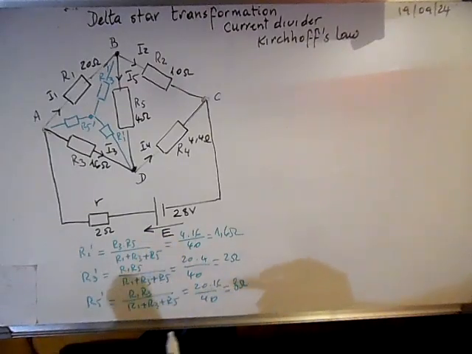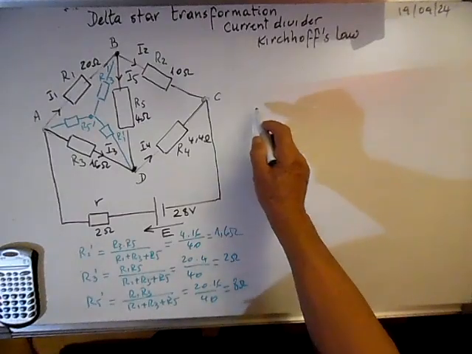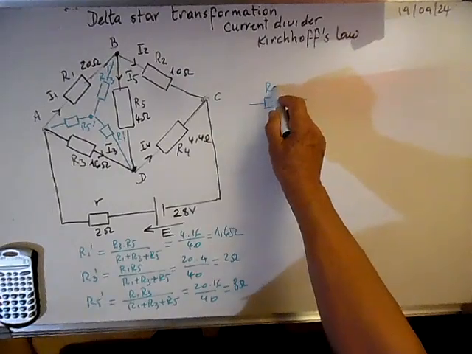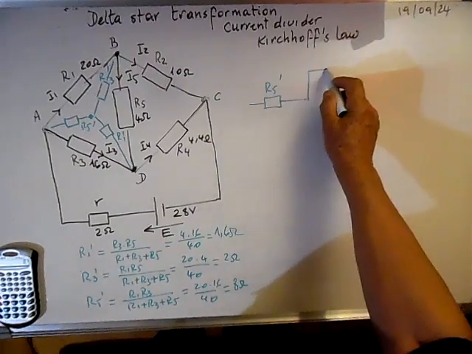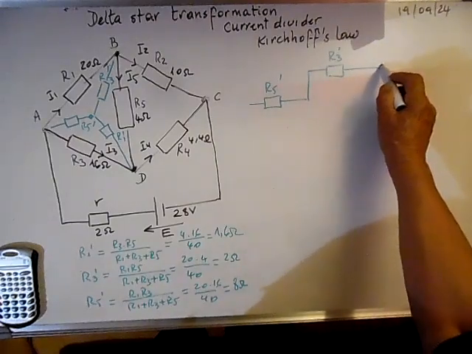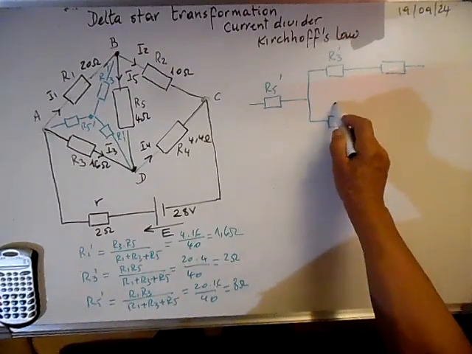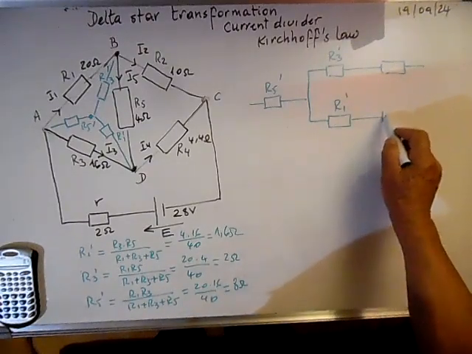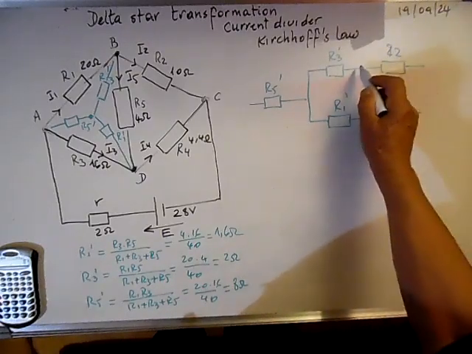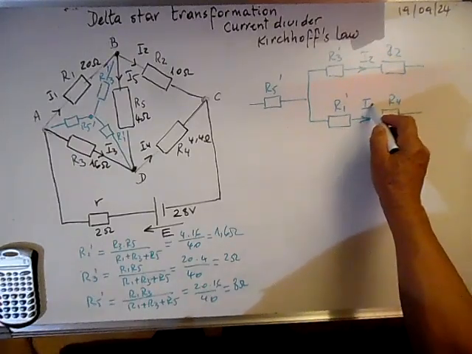So here we can redraw the circuit and we will see how it looks. Here we have R5 prime and we have two branches here, R3 prime with R2, and here we have R1 prime with R4. Here we have I2. Here we have I4.